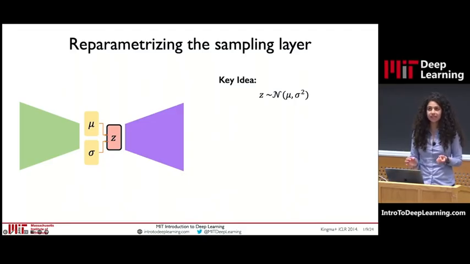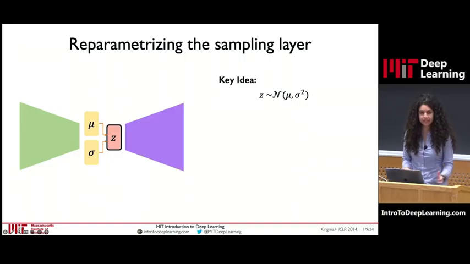And so with VAEs, they employ this really clever trick that effectively diverts the sampling operation to reparameterize the latent variable equation slightly so that we can train the model end-to-end.